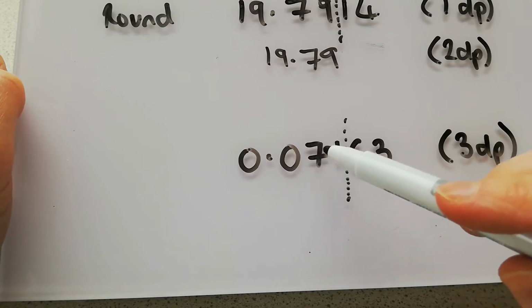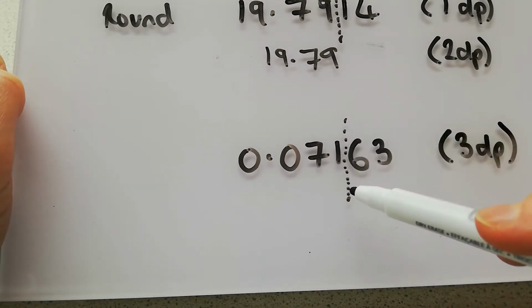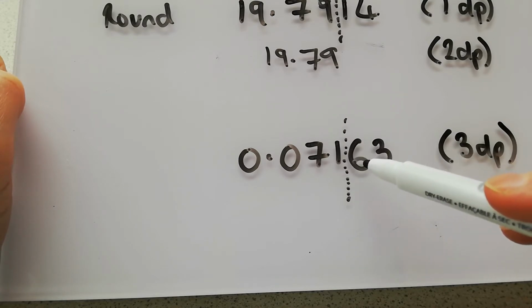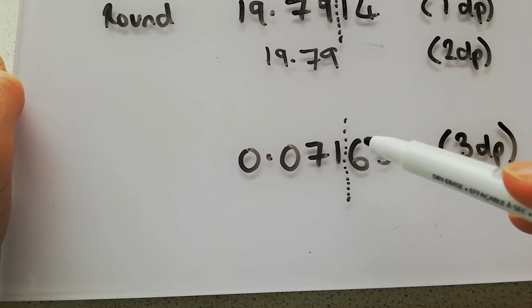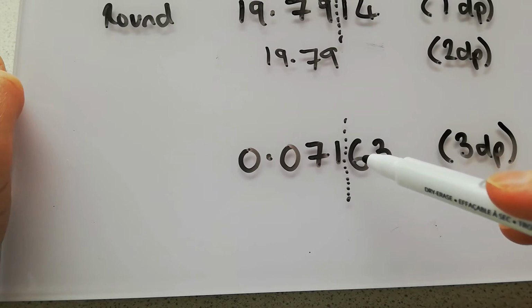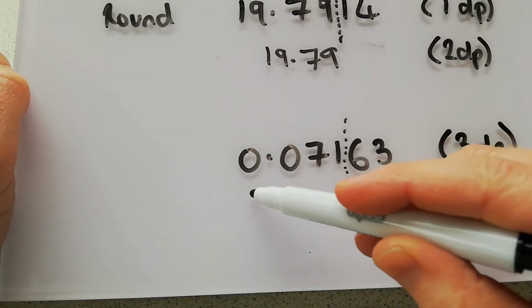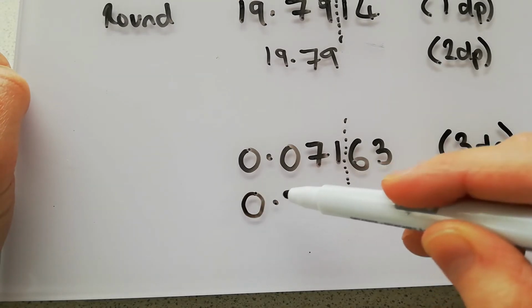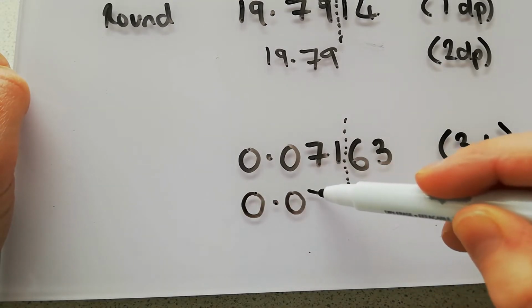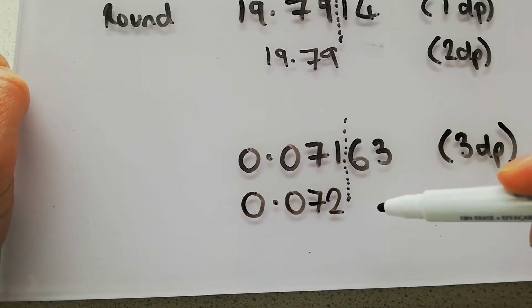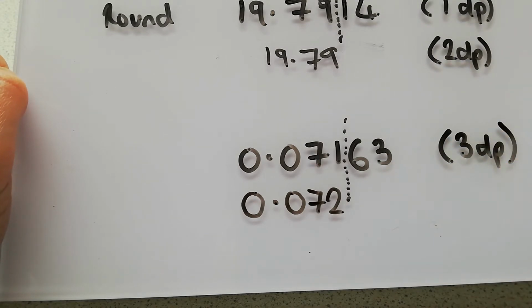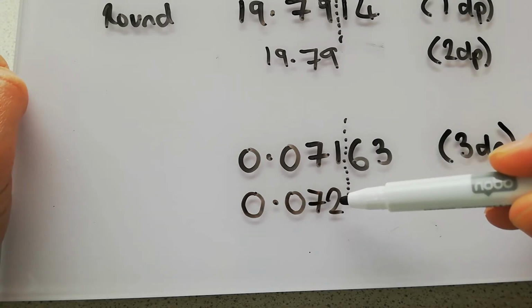So we've got 1, 2, 3 decimal places and a cut. After the cut, the number is 6, which is bigger than 5. So I move the 1 to a 2. So the 1 gets kicked up 1 place and becomes 2. So to 3 decimal places, that number is that.